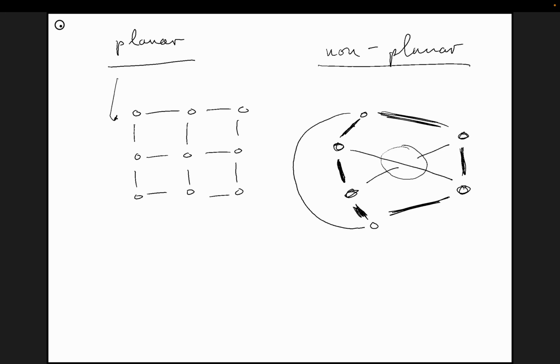So now let's do two exercises. Exercise 1. I will have to draw a little because we have to show that the two graphs I'm going to draw now are isomorphic.